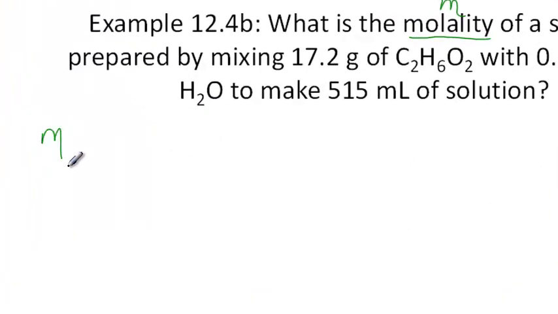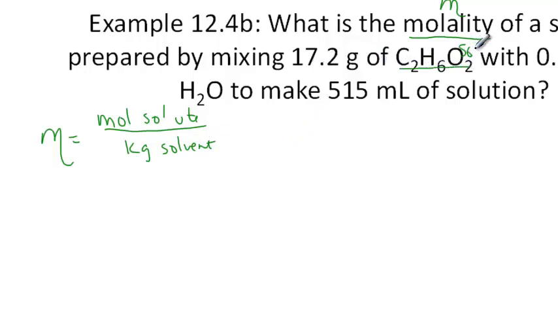Now, molality, moles of solute per kilogram of solvent. Alrighty. Now, what's the solute? What's the solvent? Well, the ethylene glycol is the solute, and it's being dissolved into water, which is the universal solvent.